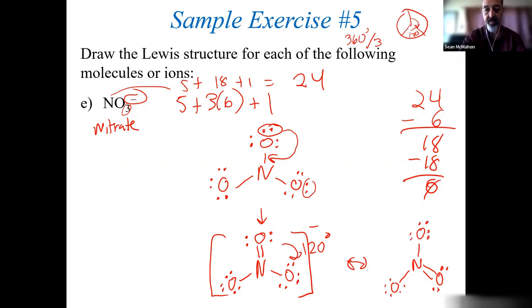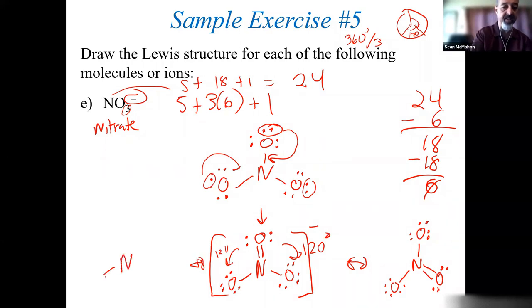120. Now, someone might say, well, maybe I could have put the electron from over here. Well, yeah, that would have been a rotation just that way, 120. And then I would have had the double bond here.